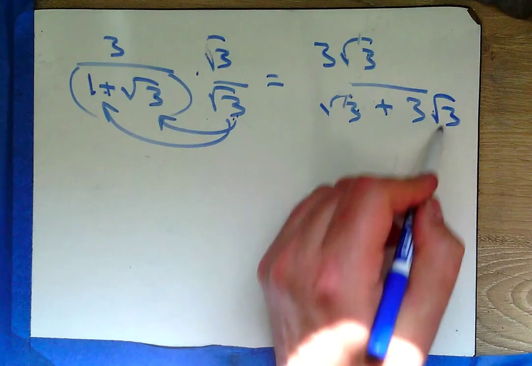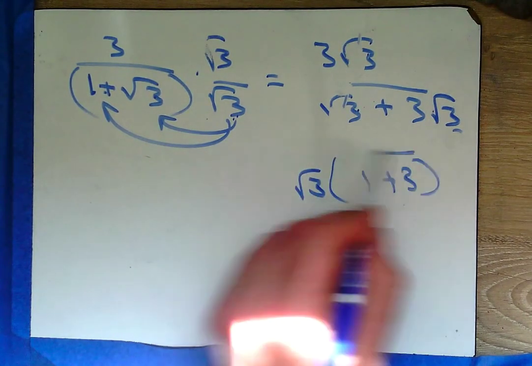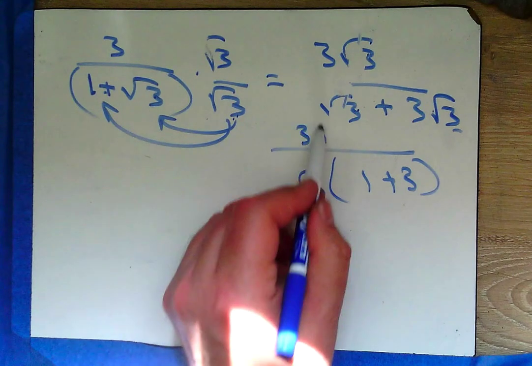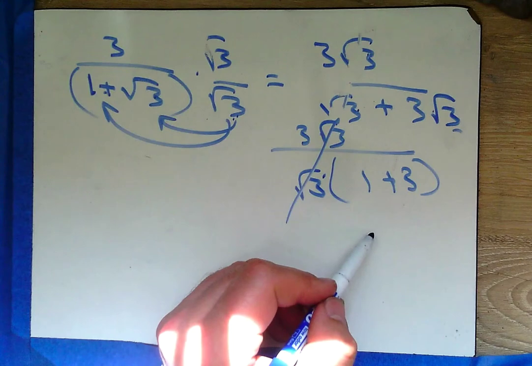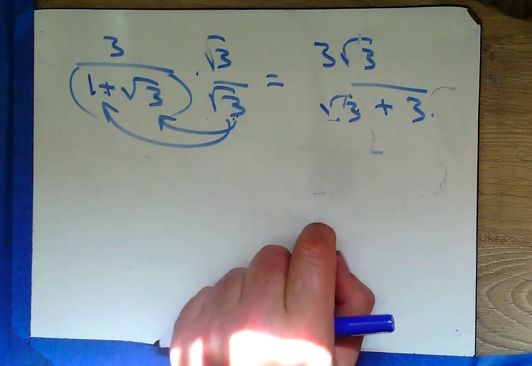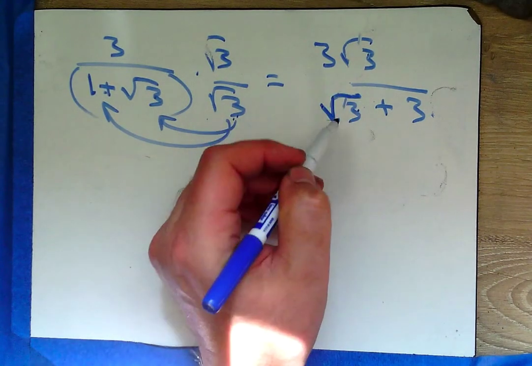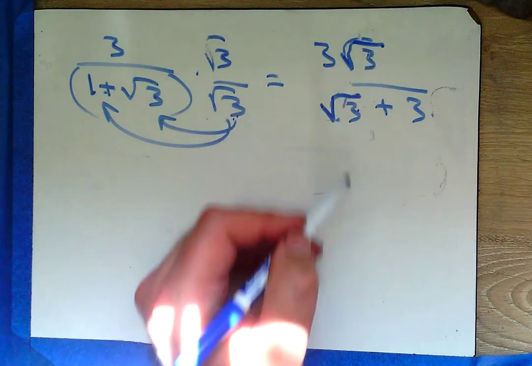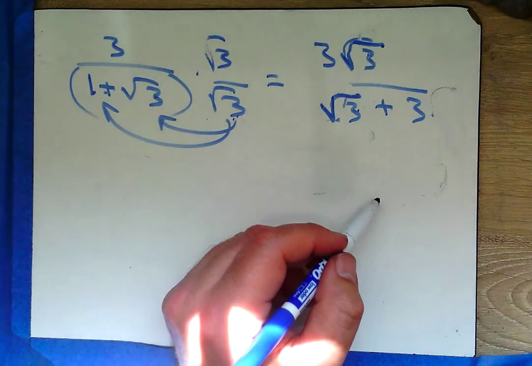So if this had a root 3, I could factor out root 3 on the bottom and have 1 plus 3, and then I have 3 root 3 on the top, and they can cancel, because these are attached with multiplication. But that's not what I'm looking at here. You cannot cancel these out. It's really time to learn that. I mean, people have been trying to tell you this for years now. Okay? Don't let it continue if you're making that mistake.